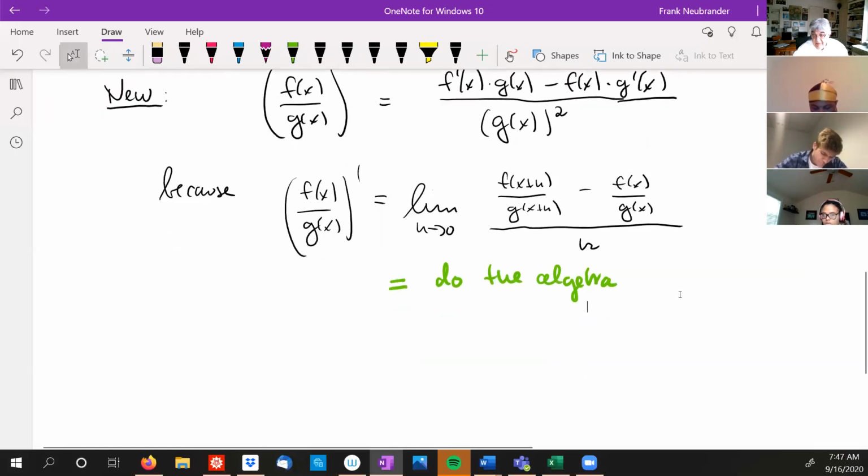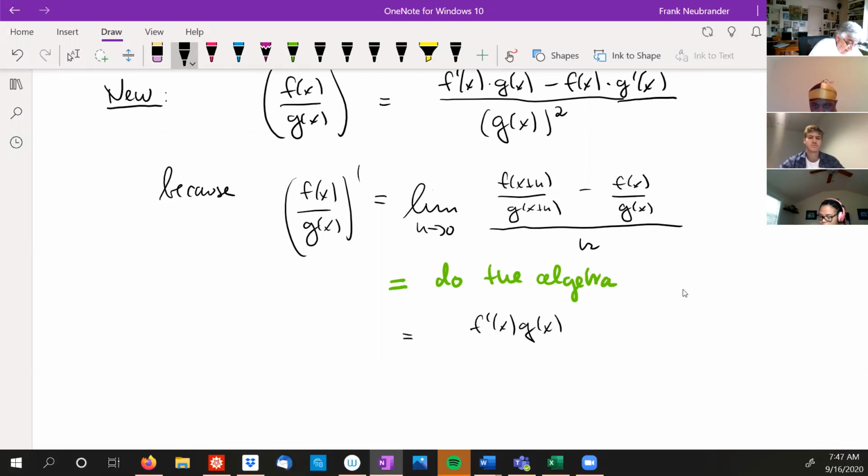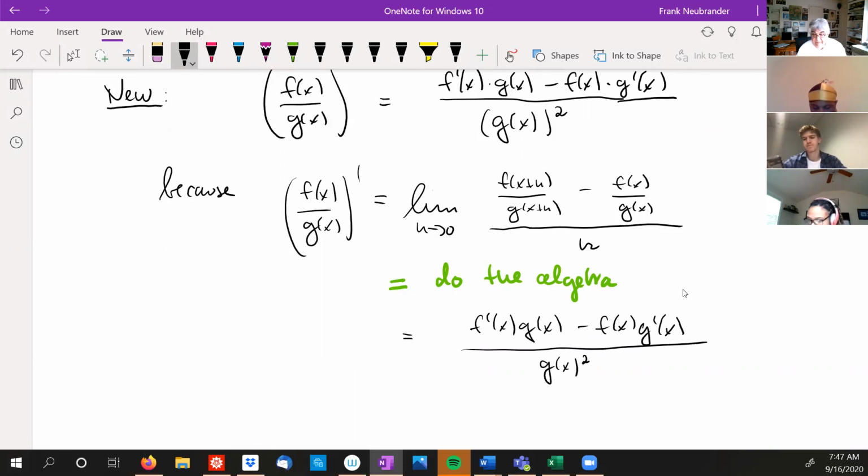You do some algebra, you fight your way through it, and after 5 minutes you get out, it is the same as f prime of x, g of x, minus f of x, g prime of x, over g of x squared. Okay, that is the quotient rule.